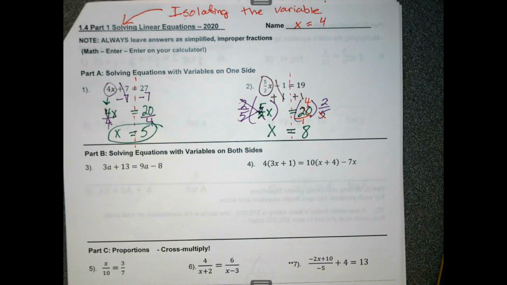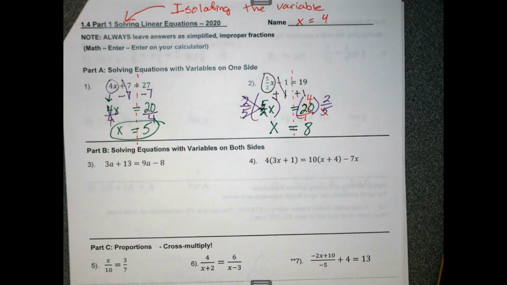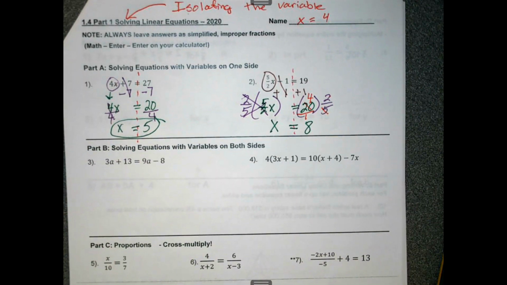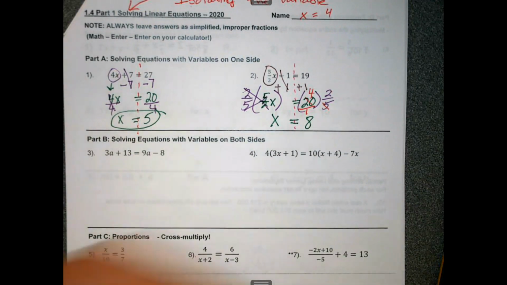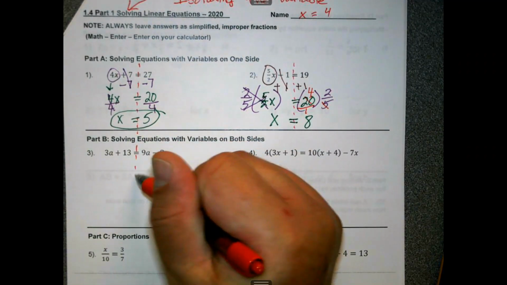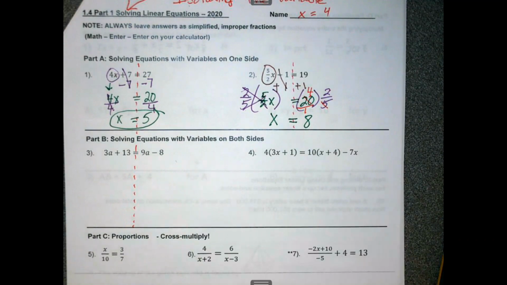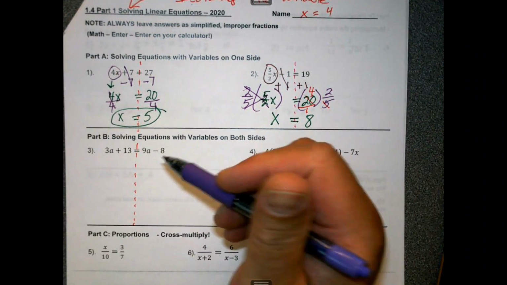Okay, solving equations with variables on both sides, which means I'm going to have to get the variable on one side, then solve for the variable by itself. Again, there are several different ways of doing these. Personally, I like moving my constants over first, my numbers, but we'll do the variables because most students do variables.